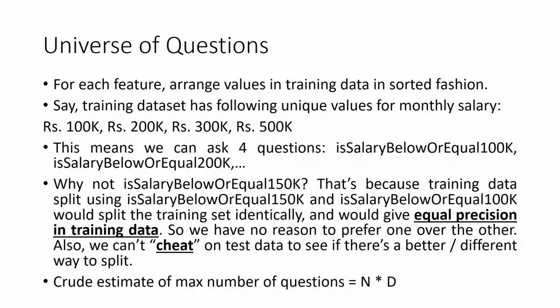Number two, we have seen which questions should take precedence over the other, which way of choosing the subsets should be preferred over others. That we have seen by a metric called information gain.